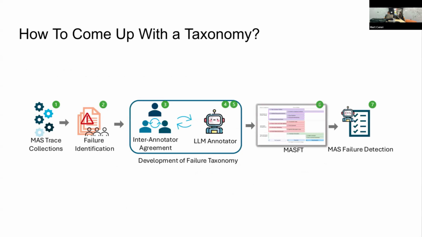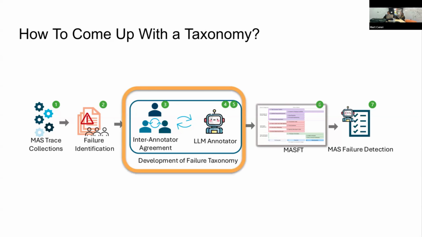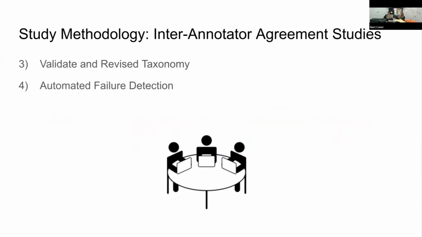After identifying the failures, we essentially come up with an initial version of the taxonomy, and then it comes to how can we make sure that the taxonomy is valid, robust, and clean. This brings us to conducting inter-annotator agreement studies. Now, inter-annotator agreement studies are important because if we have a taxonomy which we claim tells you the failure modes in a multi-agent system, what should happen is that, for example, if I read a trace and if Melissa reads a trace, and both of us annotate that trace using the same taxonomy, we should arrive at the same conclusions.